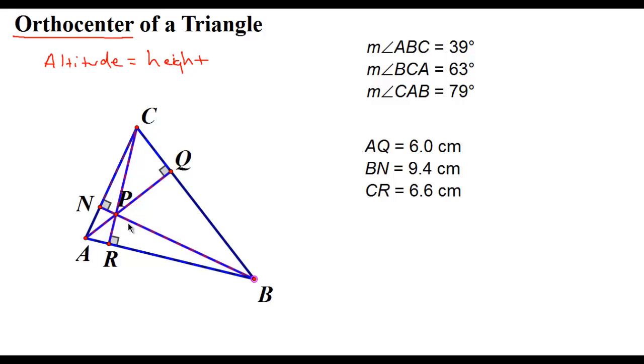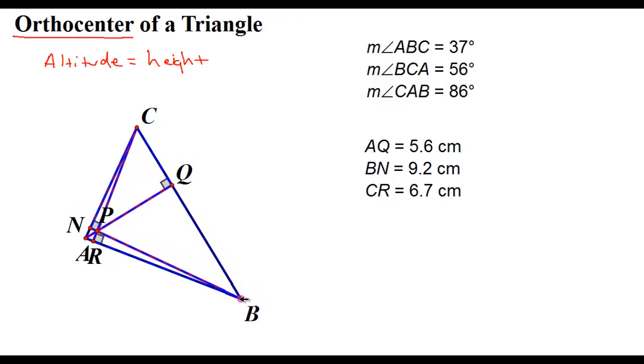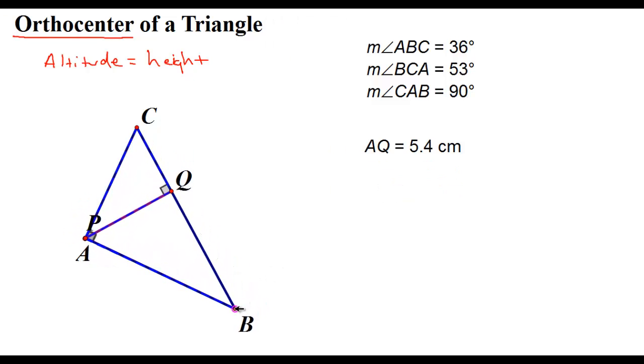But you notice that these two are starting to get closer and closer together. And as they get closer and closer together, this angle A is getting closer and closer to 90 degrees until I get all the way down to 90 degrees. And then they just kind of disappear.